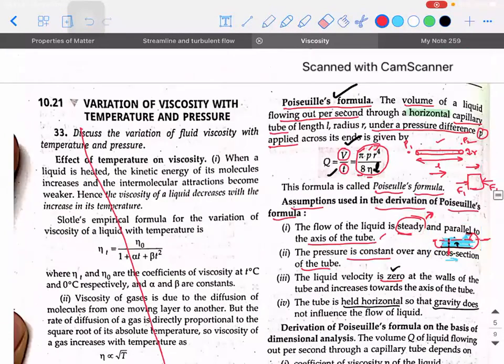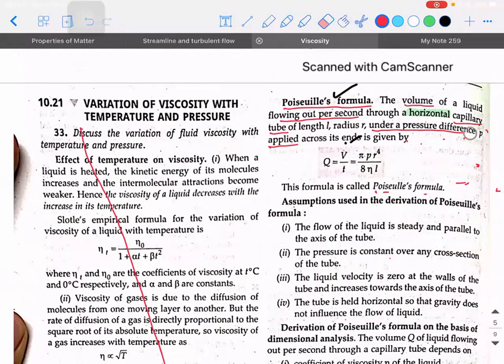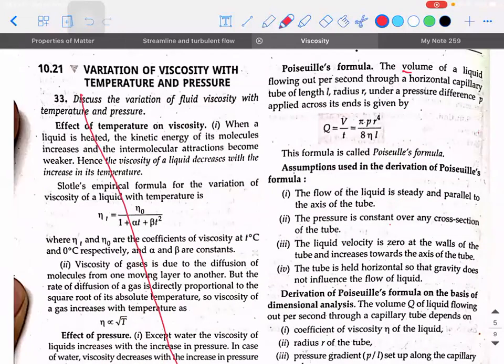Let's try to understand this, guys. Listen. So here observe the volume of a liquid, that is Poiseuille's formula, the volume of a liquid flowing out per second through a horizontal capillary tube of length L. I hope you know what a capillary tube is.